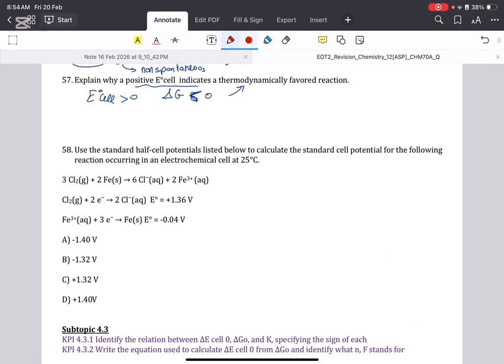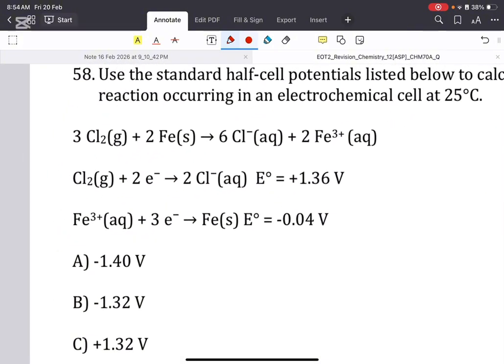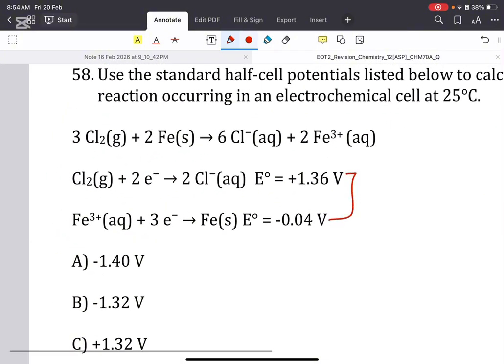Use the standard half cell potentials listed below to calculate the standard potential for the following reaction occurring in an electrochemical cell. Again, I have the standard reduction potentials. I need to look at the equation and know which one is anode and which one is cathode. If this is hard for you, look at the easy one. From 0 to plus 3, that is an oxidation. Here, this is 0 to minus 1, that is a reduction.